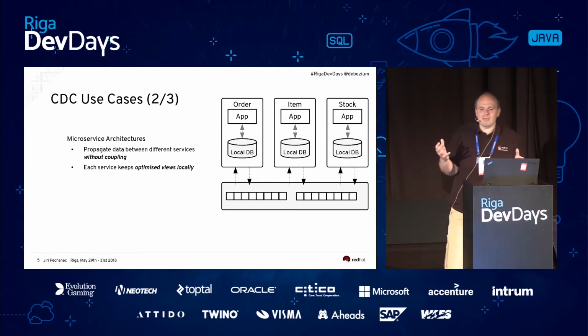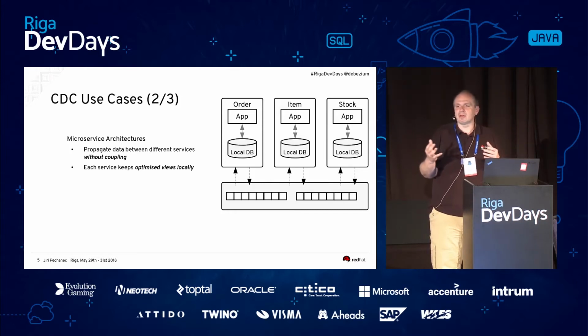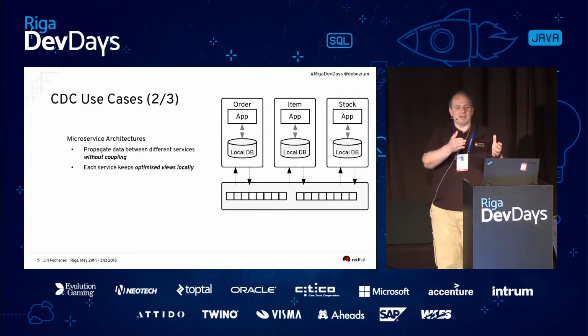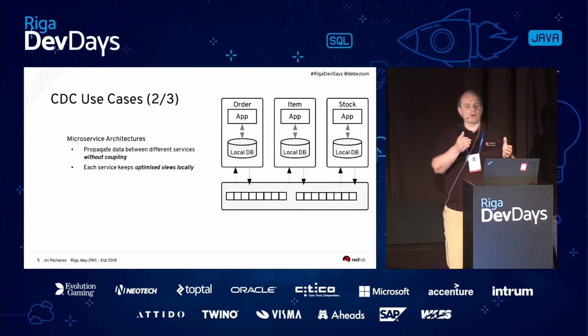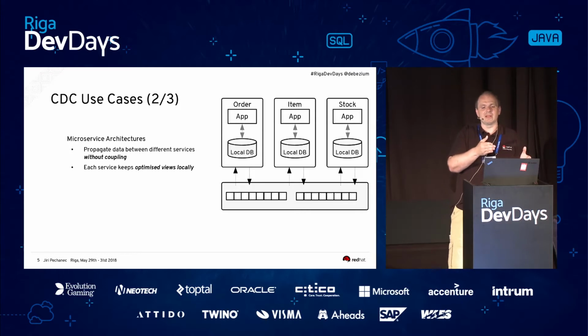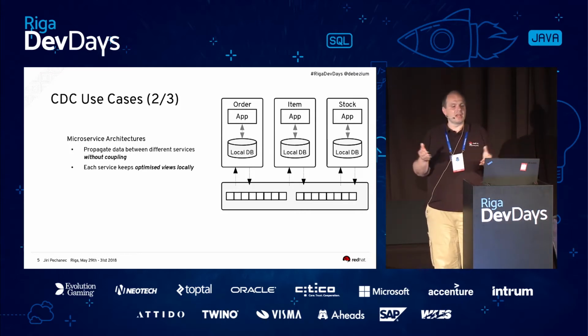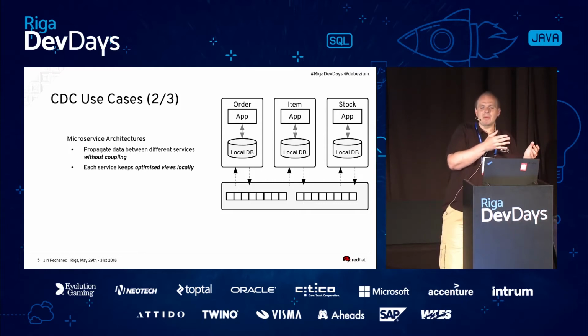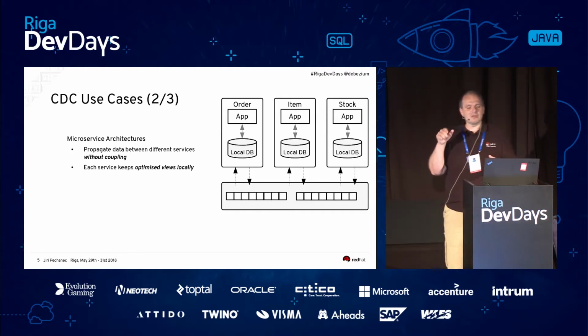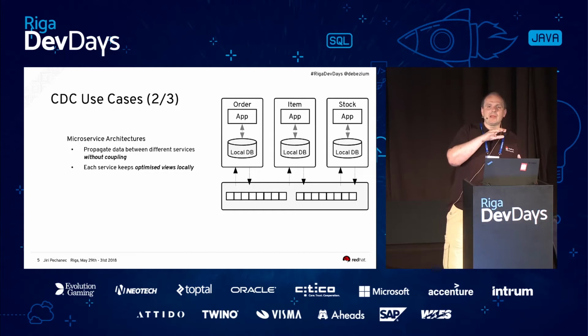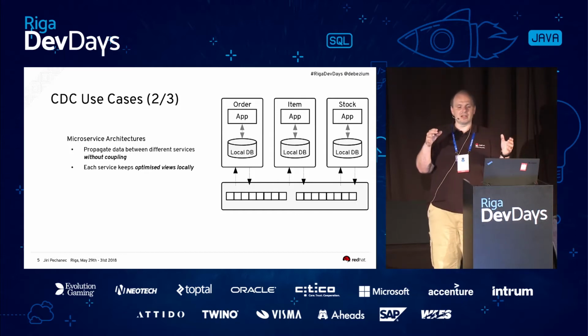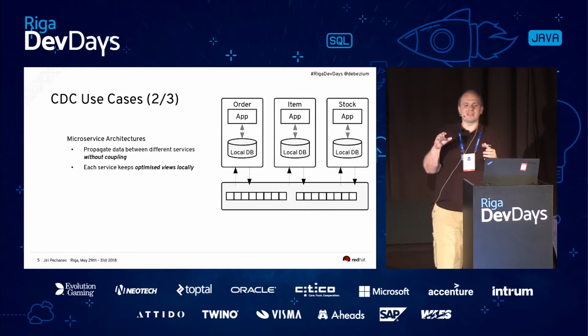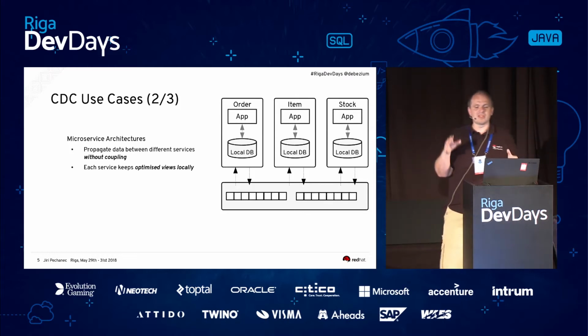But somehow we need to share the data because, well, let's say one of the microservices is user management, one of the microservices is accounting, and we need to send the data or to replicate the data from one microservice to another. So we can use change data capture as a way how to share the data between those services, and we would share those data using loose coupling.